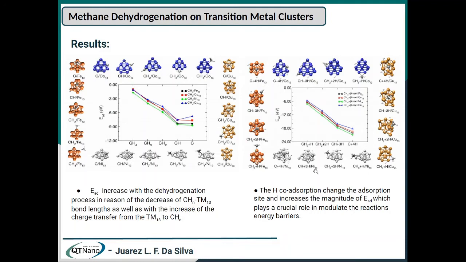For the hydrogen, we also perform the same analysis. Here I show the hydrogen co-adsorption. We have found the same tendency observed for the first types of systems. However, we also show that increasing the hydrogen co-adsorption increases the magnitude of the adsorption energy, which is crucial to modulate the chemical reaction barriers.